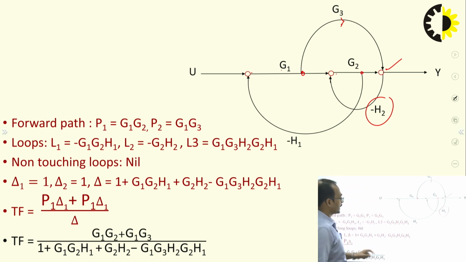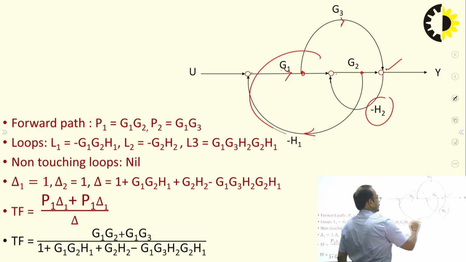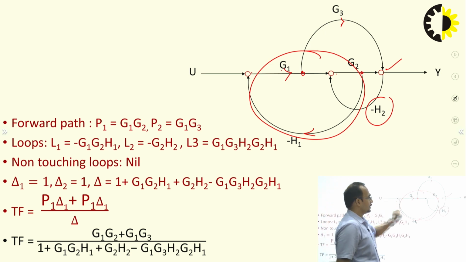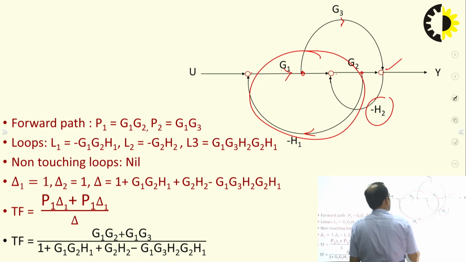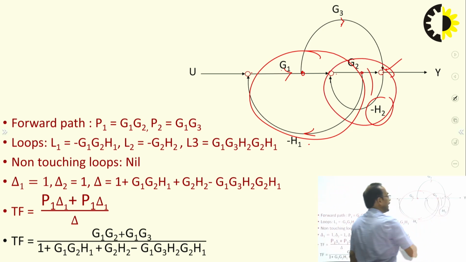How many loops are there? The first loop is minus G1, G2, H1. Second loop is G2, H2.